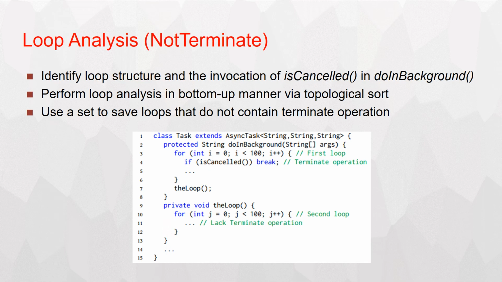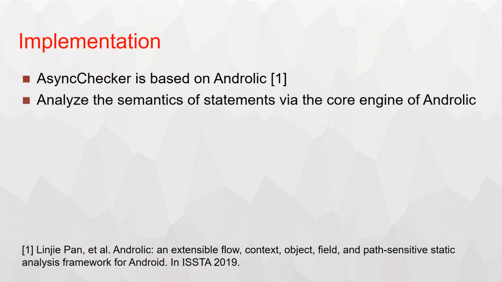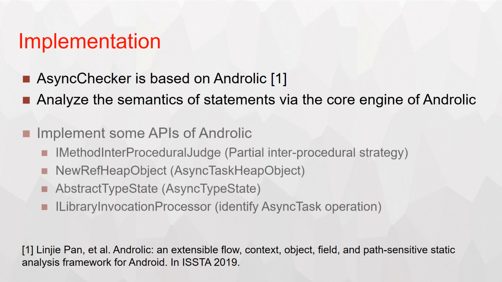Okay, that's how we detect misuse of async task. We developed Async Checker based on Androlic, a static analysis framework developed by ourselves. We analyze the semantics of statements via the core engine of Androlic. Considering the characteristics of async task, we implemented some APIs of Androlic.